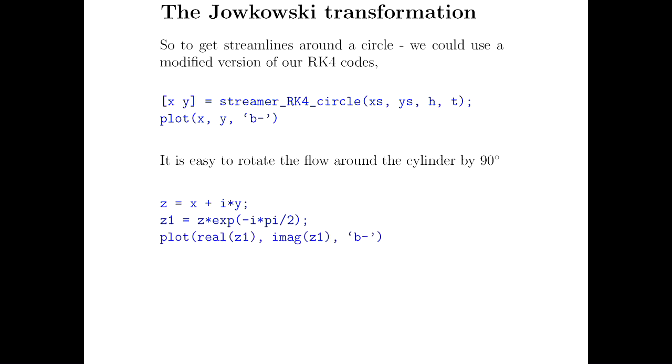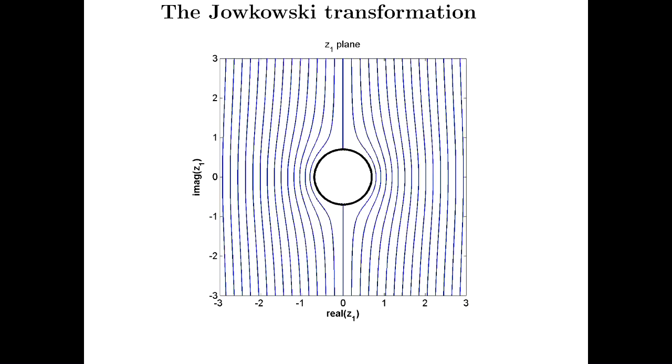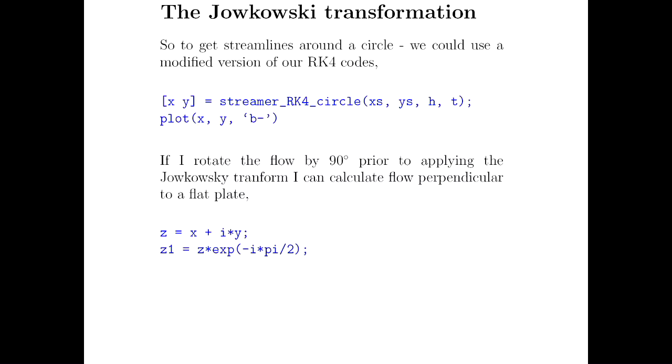If you plot the streamlines of Z1, this is going to be our flow over a cylinder with flow coming from bottom to top, I think. It's probably top to bottom, but just check it out.